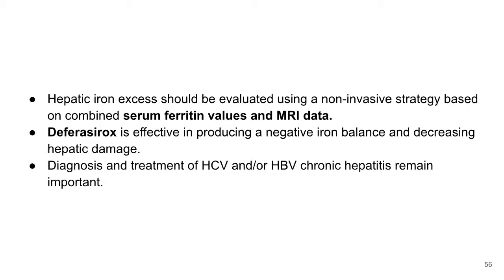Hepatic iron excess should be evaluated using a non-invasive strategy based on combined serum ferritin values and MRI data. Deferasirox is effective in producing a negative iron balance and decreasing hepatic damage. Diagnosis and treatment of HCV and HBV hepatitis remain important.